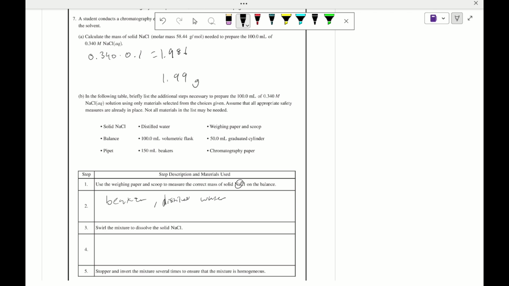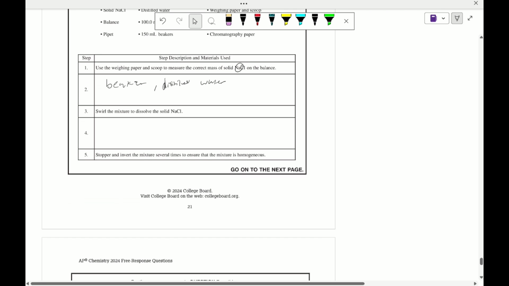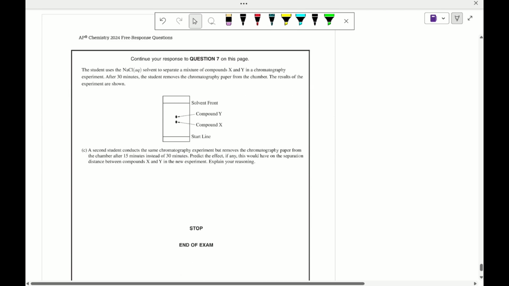And after that, you swirl it. And then the fifth step is to invert the mixture several times. So you'd have to have a volumetric flask, and with the volumetric flask, you would mix it. I'm not too sure about this question, but I'm pretty sure that's along the lines of it.